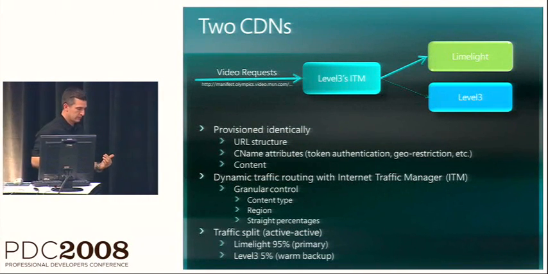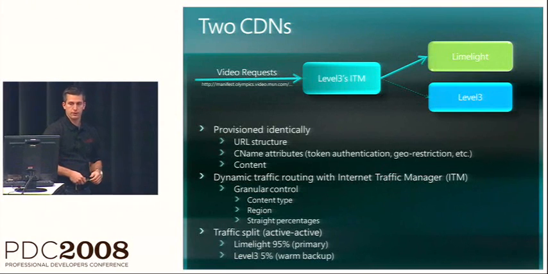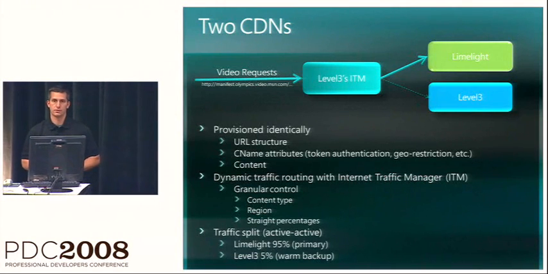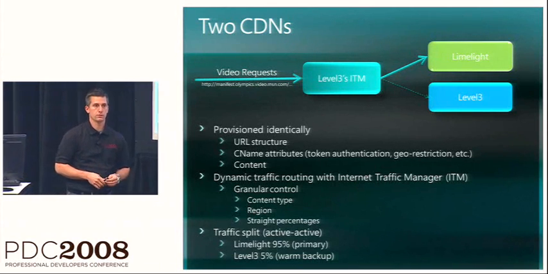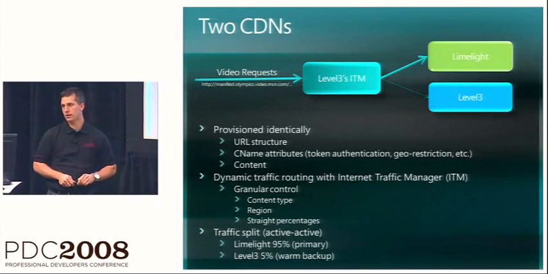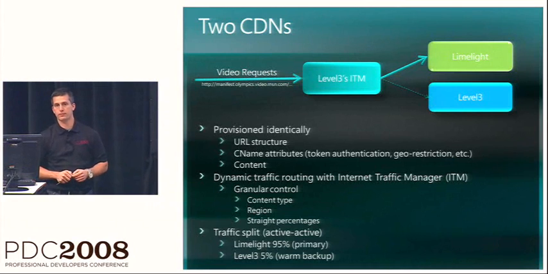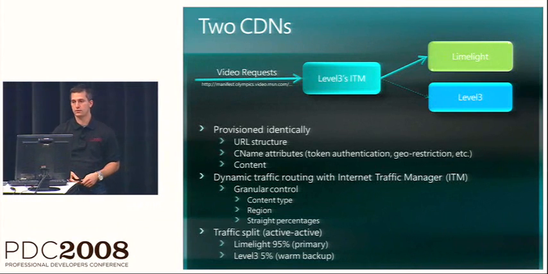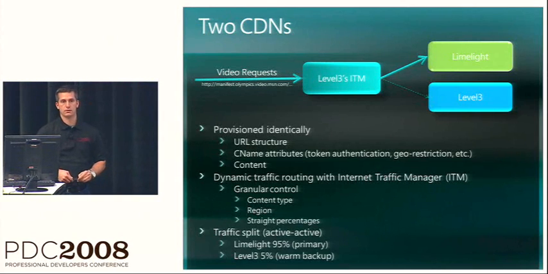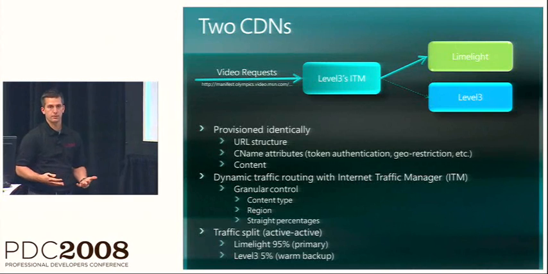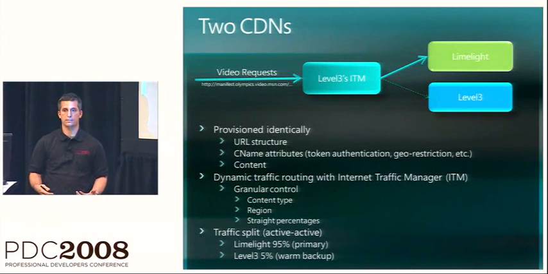For the CDN delivery, going through that workflow that I just showed you, there were some other things that happened. We used two CDNs. We used Limelight and Level 3 networks. Limelight was the lead. They served about 90 to 95% of the traffic, with Level 3 serving about 5%. We call this a hot backup situation, where Level 3 was fundamentally serving the exact same content that Limelight was.